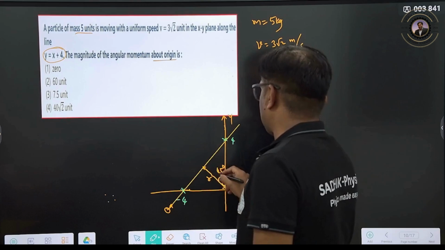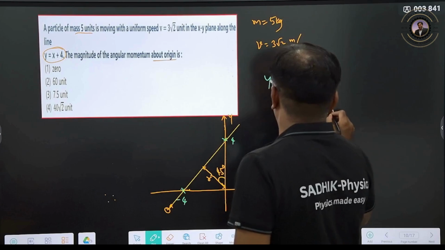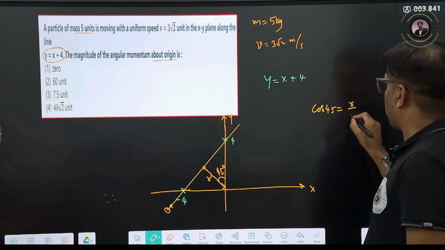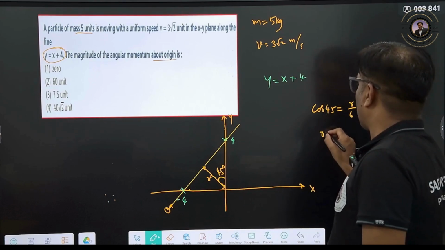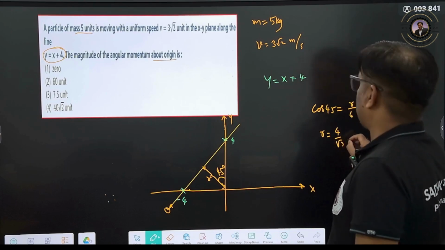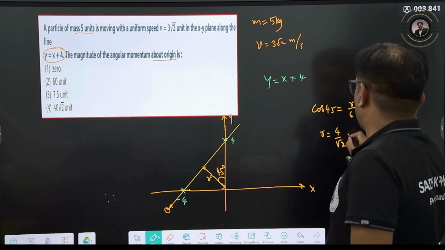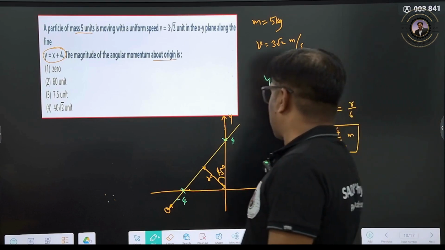We can write cos 45 as adjacent side by hypotenuse. Therefore cos 45 is 1 by root 2, so r is equal to 4 by root 2 meters. All are clear? So we got the perpendicular distance.